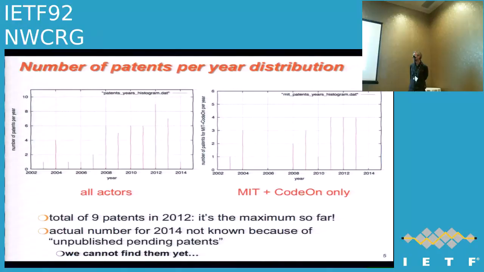The fact that in 2014 we found only one patent clearly means that most of the patents are unpublished yet, so we didn't find them. And on the right, you will see the same distribution for MIT plus Codon only, with approximately 4 patents a year.